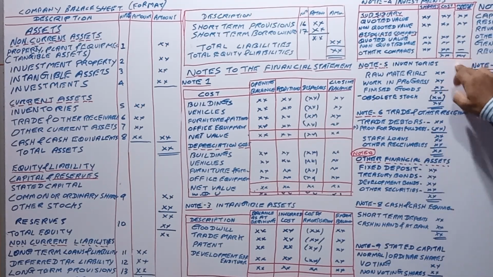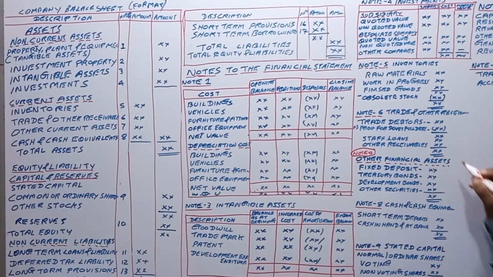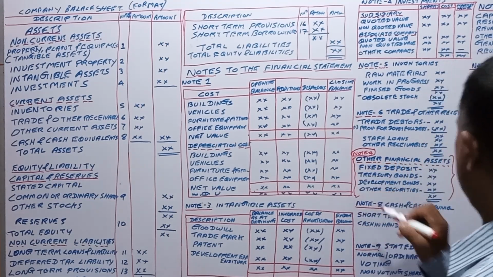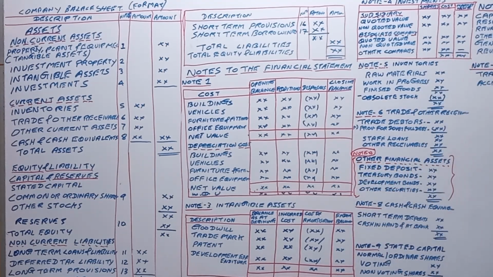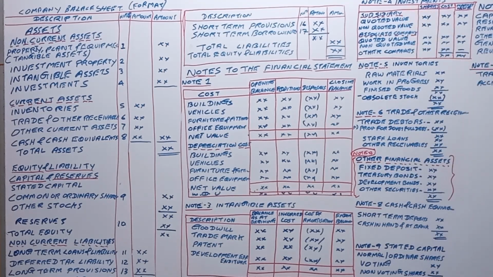Under the investments I have to disclose this one, where I had missed out, so I have disclosed it here with note number 4. You can go through this also.